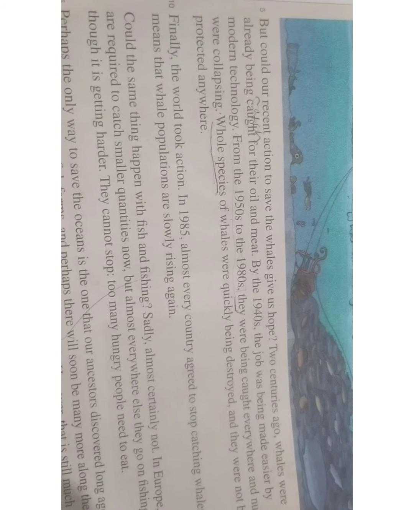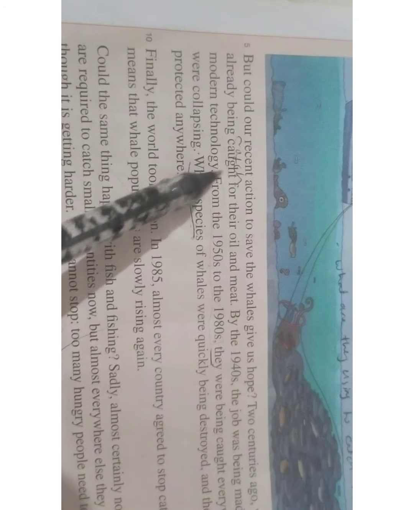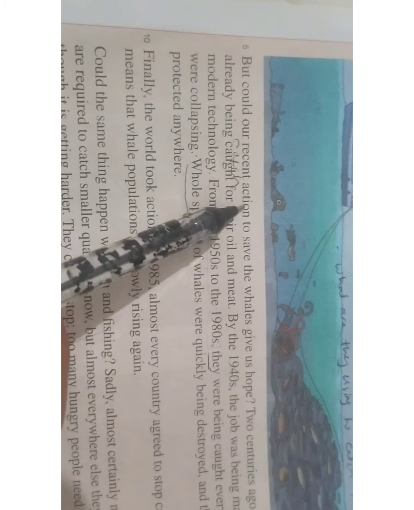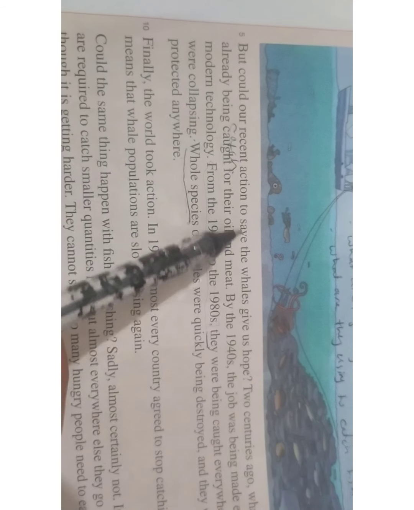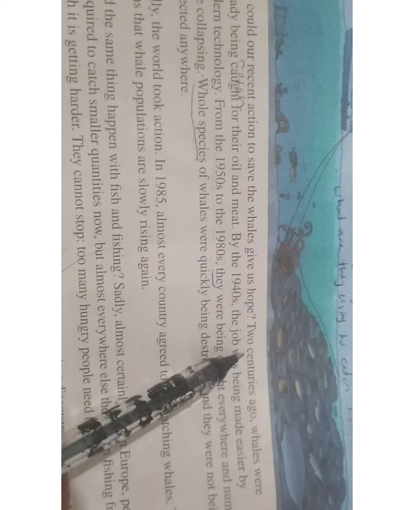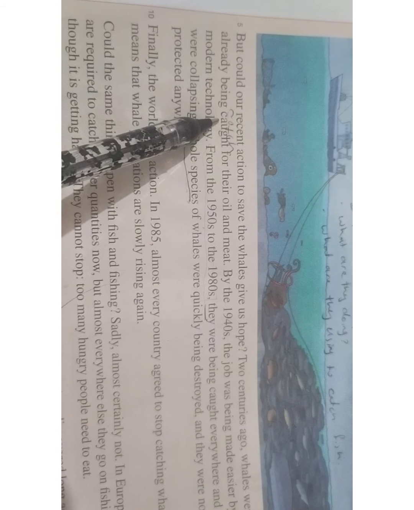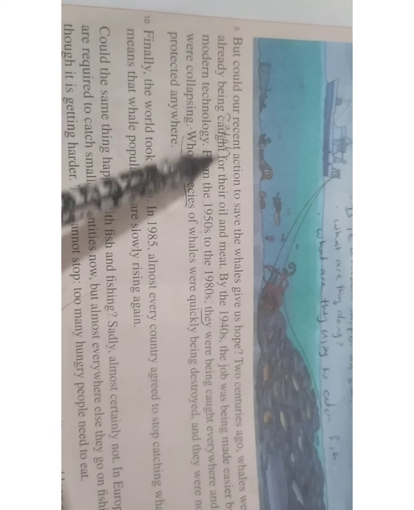Okay, now read paragraph number 2 and 3 from line 5 to line 11. Let's identify difficult words. Recent action اللي هو الإجراء الأخير. Safe ينقذ. 2 centuries اللي هو 200 عام. Already being caught اللي هي الماضي من catch يصطاد. Okay, إن modern technology التكنولوجيا الحديثة.